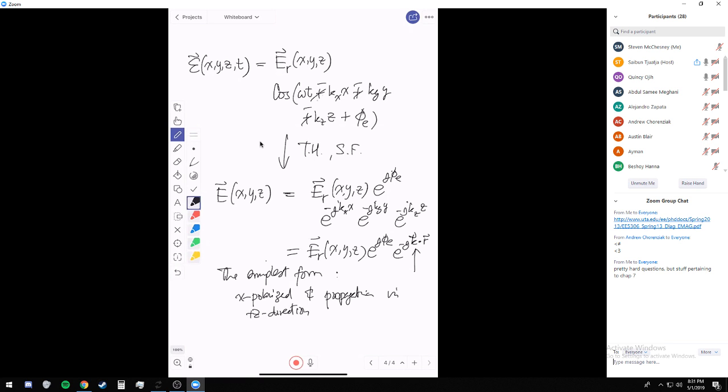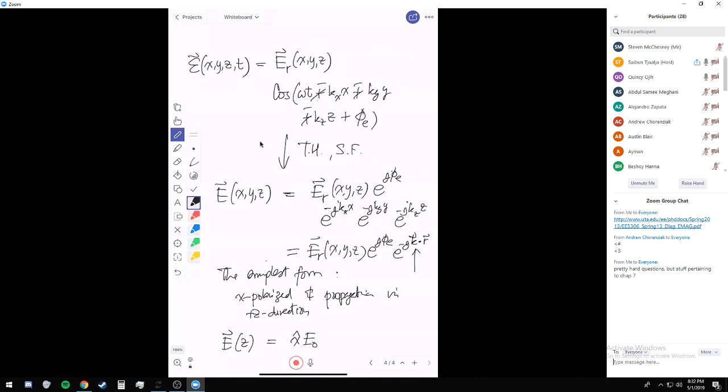So what does it look like? In this case, the E is only a function of z. It's propagating in z direction, and the polarization is x direction. So we have x hat, some constant E0, some value.